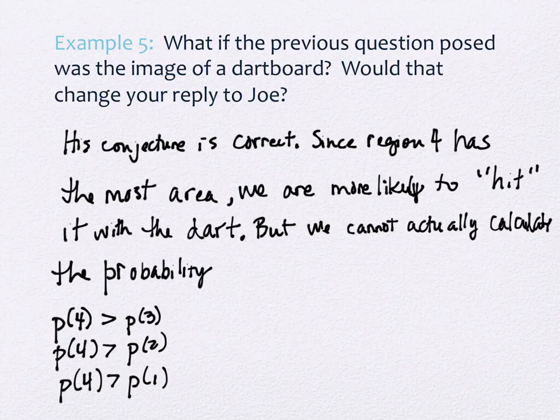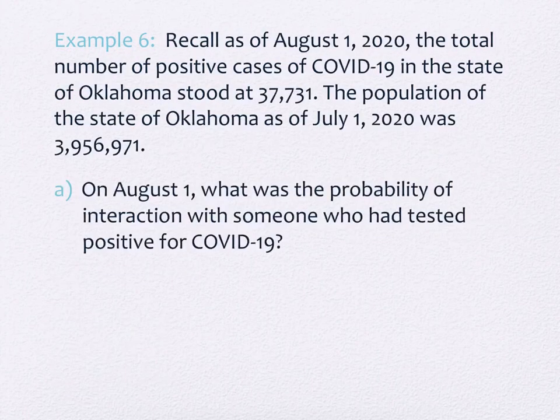All right, we're going to do one more example. We saw an example with some COVID data in section 7.4. And this is one more place where I was able to use some of that data to show you how you can think about data in the real world. So recall, on August 1st, 2020, the total number of positive COVID cases in the state of Oklahoma stood at 37,731.